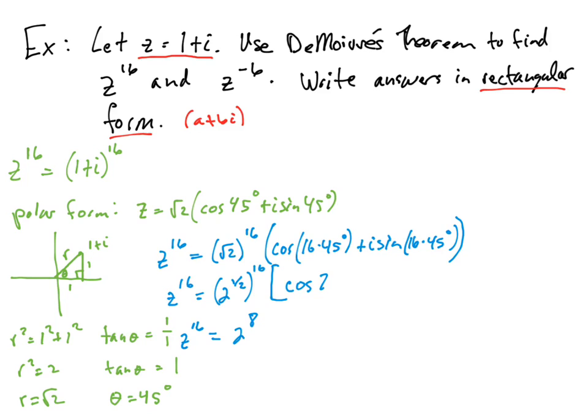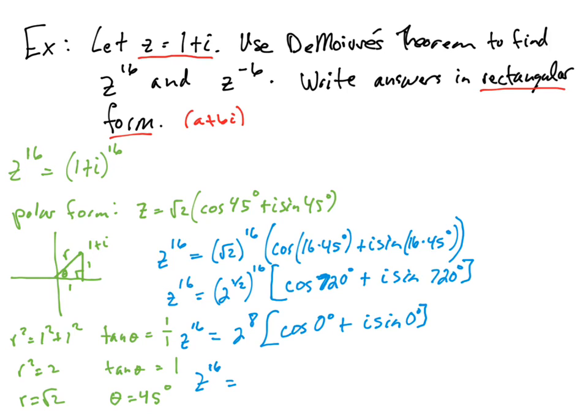So cosine 720 degrees plus i sine 720 degrees. 720 is just two times around the unit circle, so that's the same as cosine of 0 degrees plus i sine 0 degrees.